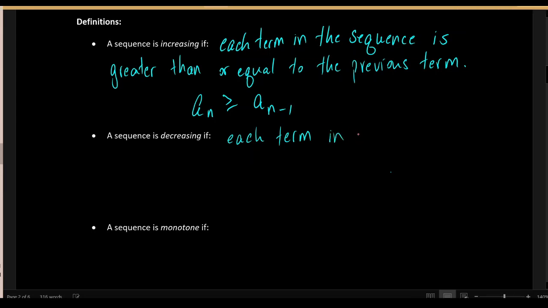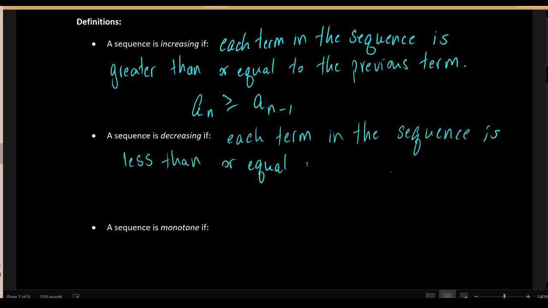If each term in the sequence is less than or equal to the one before. Symbolically, we would say that a sub n, any arbitrary term in the sequence, has to be less than or equal to the one that came prior.